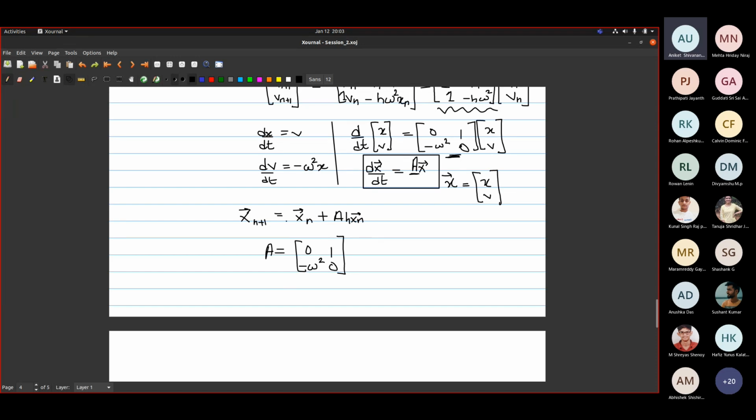If we take xn in common, we get I plus h A times xn. We multiply this, and this whole matrix will become 1, 0, so this will become h, this will become minus h omega squared, and this will again become 1.